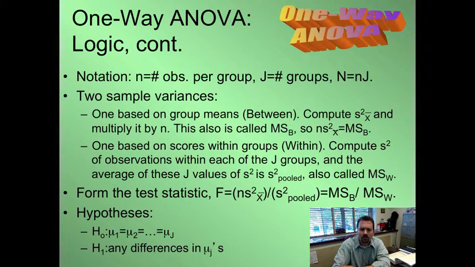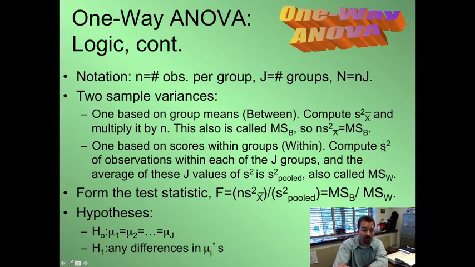But what you're getting here is mean square between, okay, and that is n times variance of x bar is, again, mean square between. Essentially, you're doing sums of squares between each group mean and the overall mean across all of your observations. Okay, so you use sums of squares, multiply by n, you get mean squared between. The other variance for the F ratio is based on scores within groups.